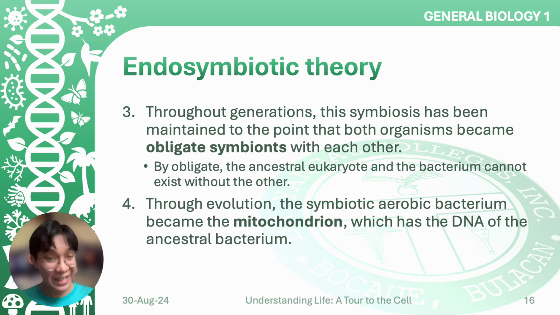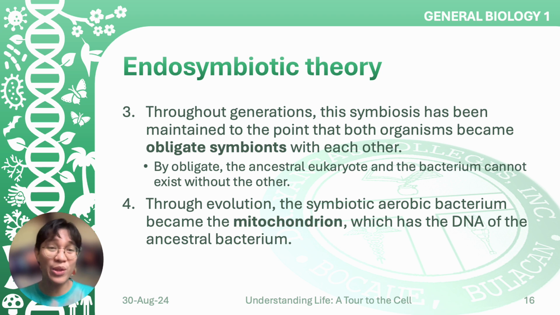When we say obligate symbionts, they cannot lose one another. If the one is gone, the other will be gone as well. So they cannot live without one another. They are very dependent on each other.